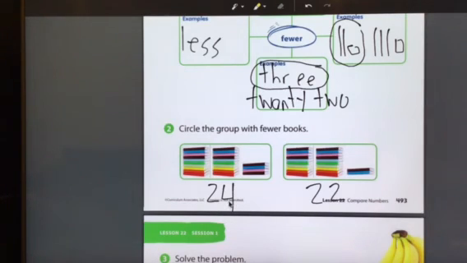So this has a 4 and this has a 2. Which of those is fewer? 2 is fewer than 4. Therefore, 22 is fewer than 24. So this group of books has fewer than this group of books over here.